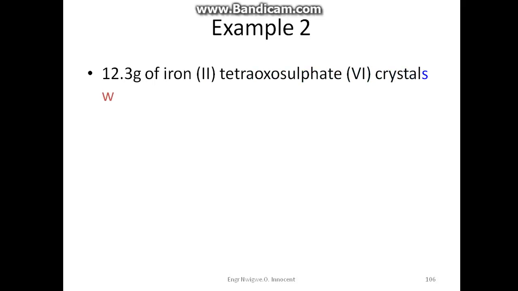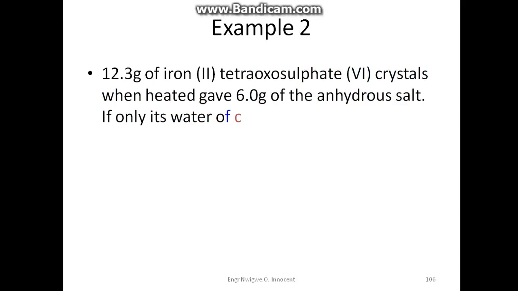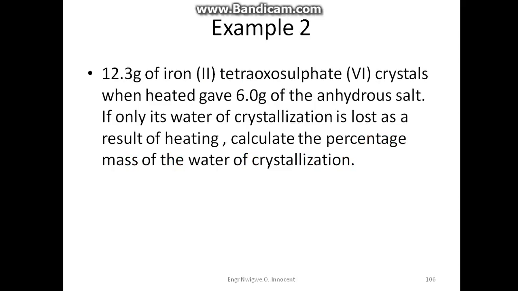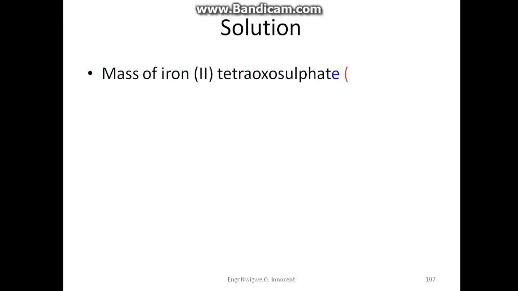Example 2. 12.3 grams of iron(II) trioxosulfate(VI) crystals were heated and gave 6.0 grams of anhydrous salt. If only its water of crystallization is lost as a result of heating, calculate the percentage mass of water of crystallization. Solution. Mass of iron(II) trioxosulfate(VI) crystal is equal to 12.3 grams.